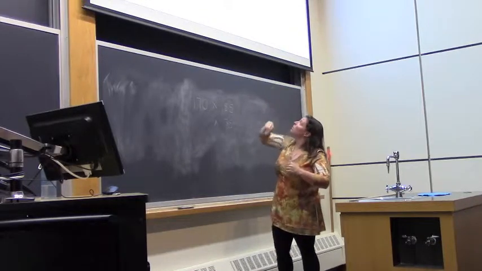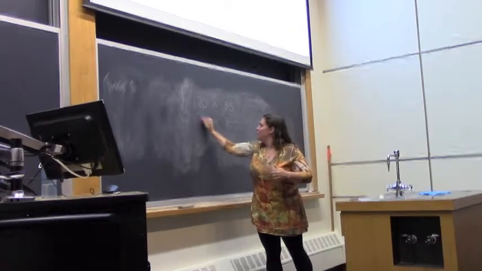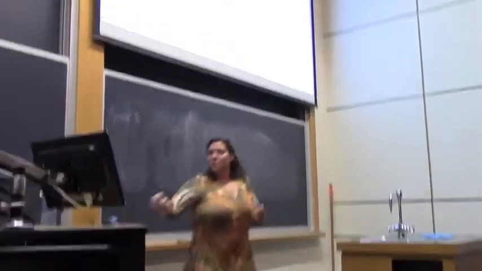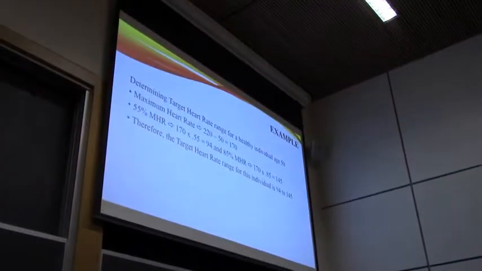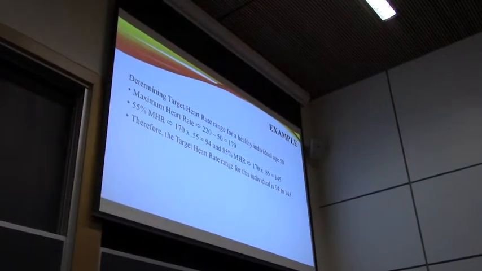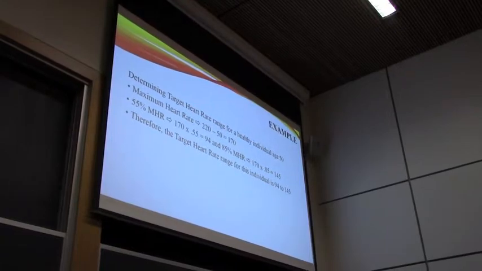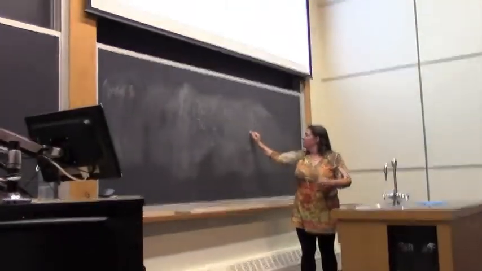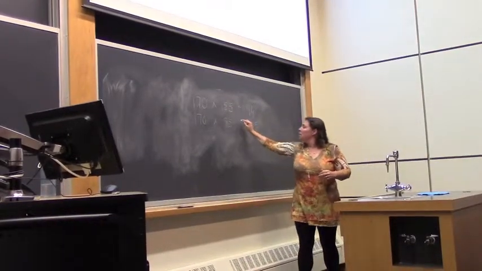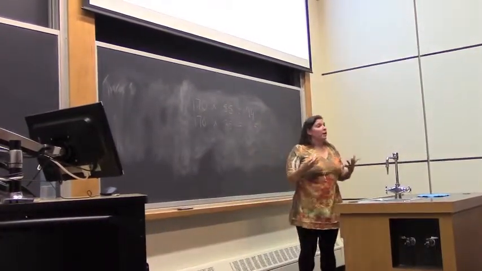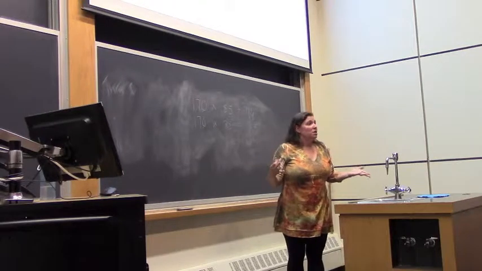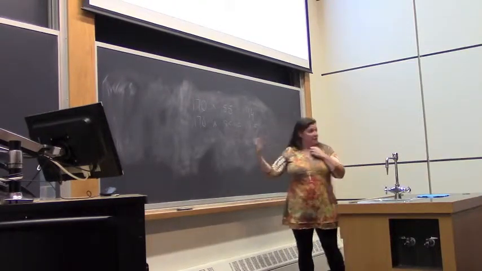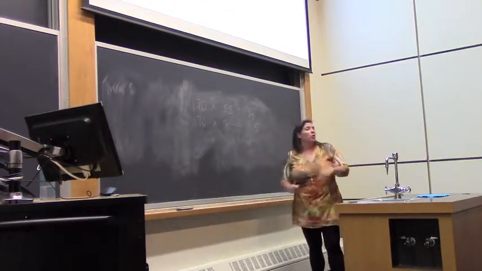I think I have this example on the next slide. So you're going to calculate it. Your 55% is going to be equal to 94 beats per minute. Your 85% is going to be 145. So the target heart rate range for the average person at 50 years of age is going to be 94 to 145.